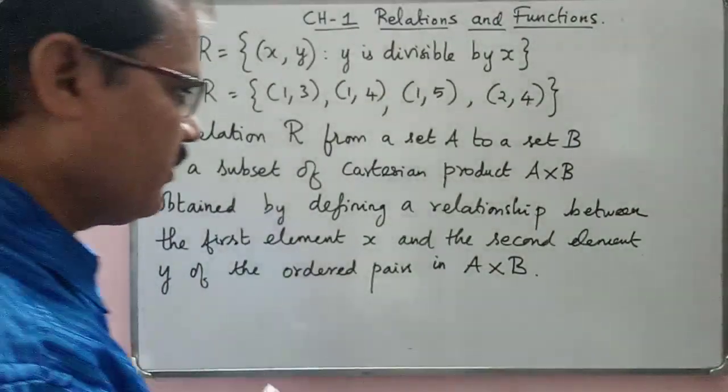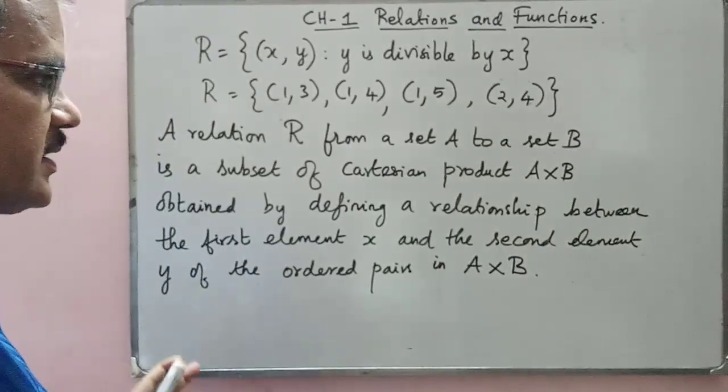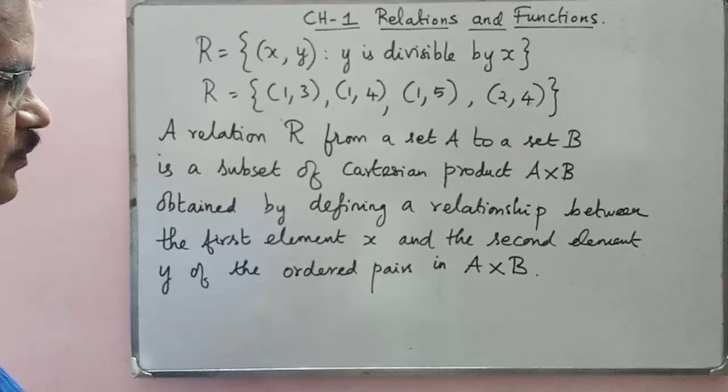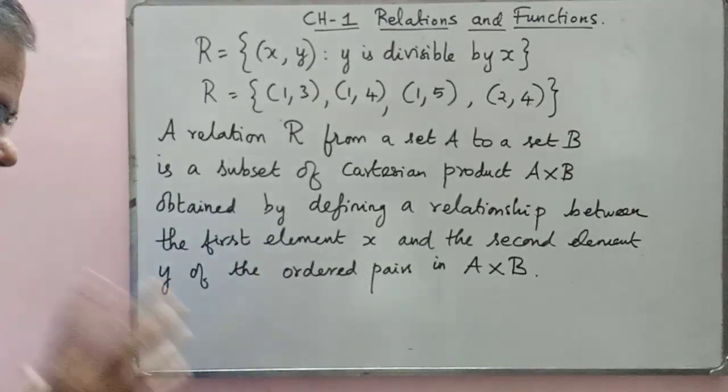So at this moment, we understand that a relation is a subset of the Cartesian product by defining a relationship between the elements of the ordered pair.